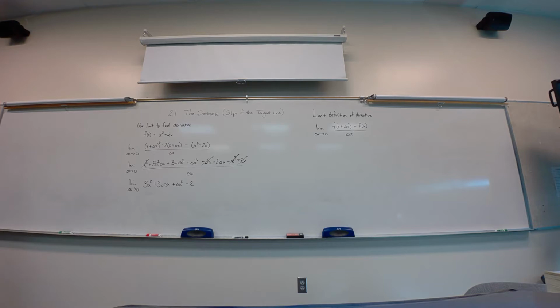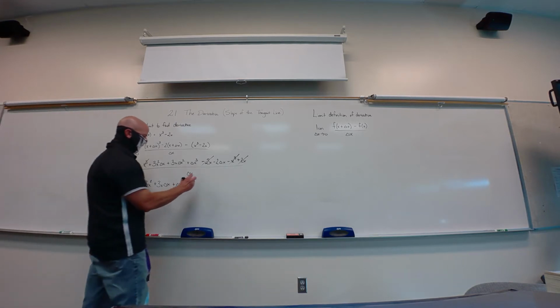Okay, now let's finish the limit. Now I can substitute 0 for delta x, and when I do that this time, I get 3x squared minus 2. Everybody agree with that? The other 2 terms go away? Make sense? Okay?